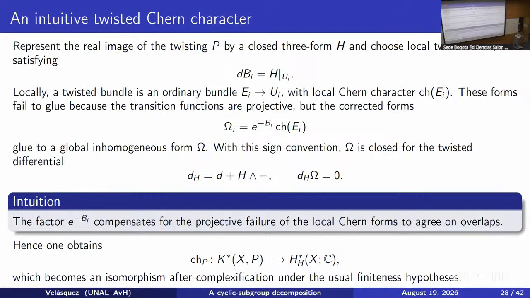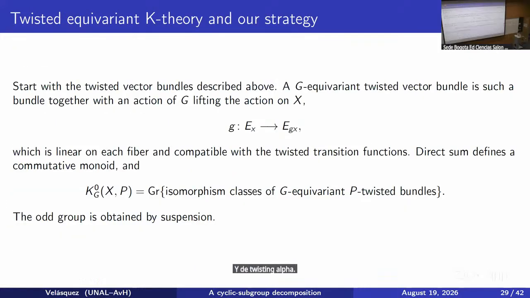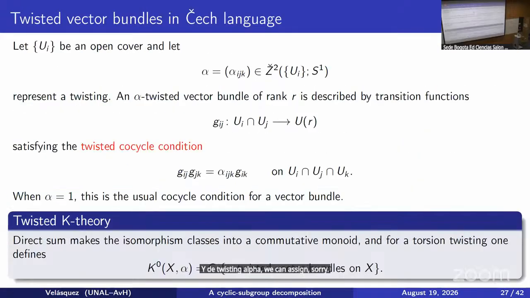And we also have a twisted Chern character for these kinds of objects. How to define this? To the twisting alpha, we can assign a three-differential form.